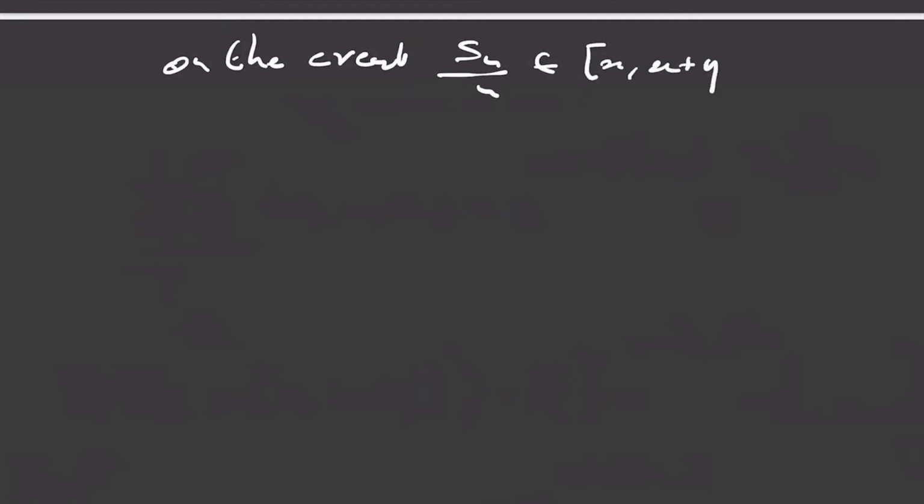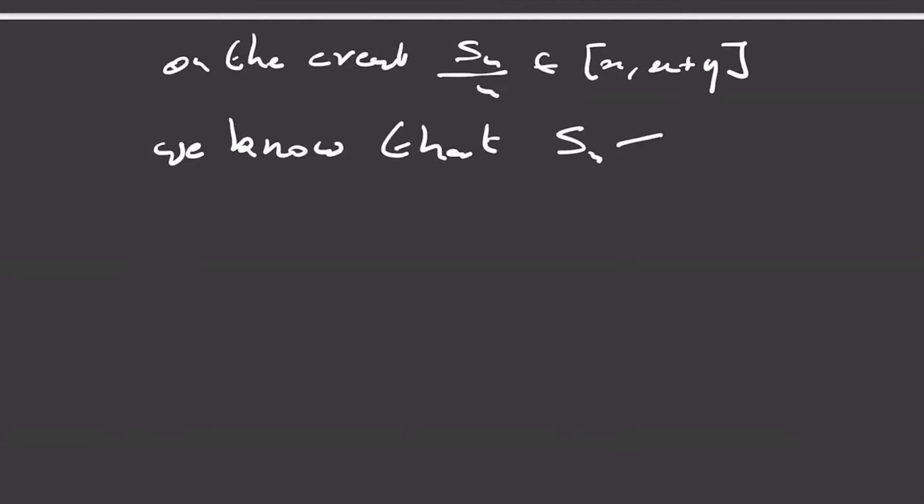And so now we do exactly the same kind of thing as in Markov's inequality, but in the reverse sense, I would say. And we notice that on the event, which is Sn over n belongs to x plus eta, we know, of course, that Sn is smaller than n times x plus eta.